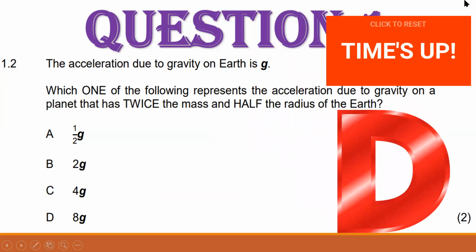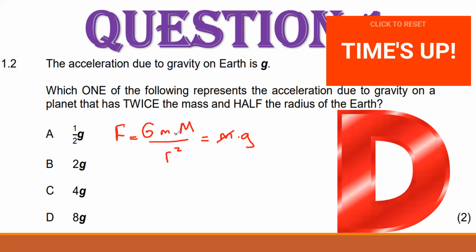Yes, our answer is D. Why is our answer D? Let's try to explain. Because the gravitational force formula is F equals G times mass of object times mass of Earth over radius of Earth squared, and then equals m times g.